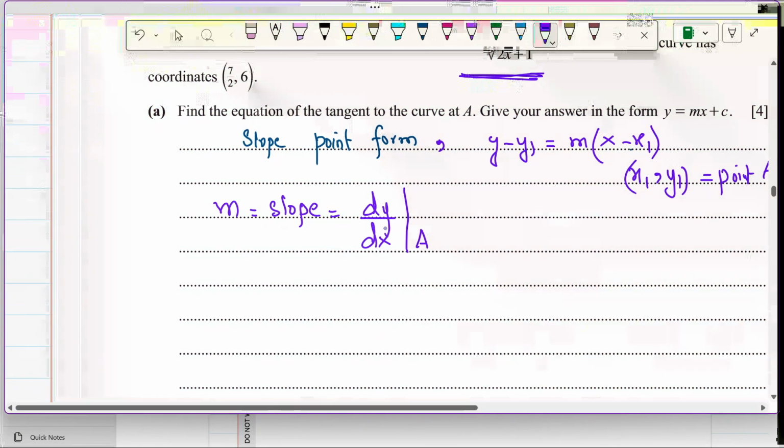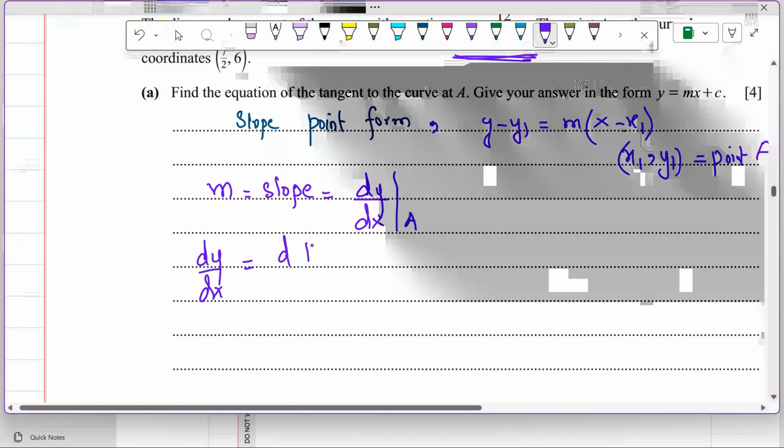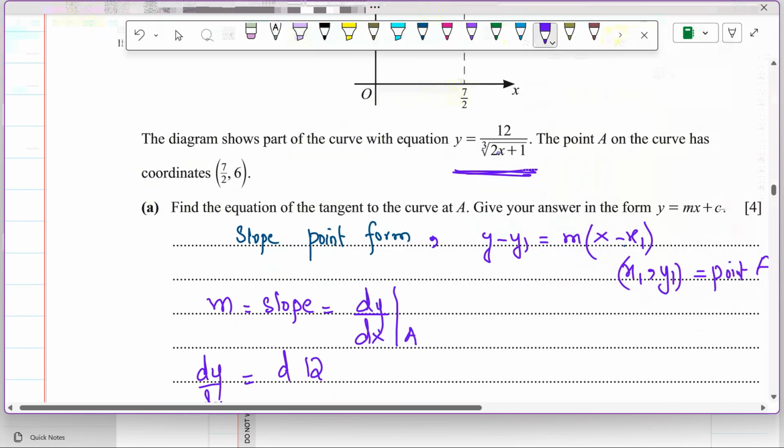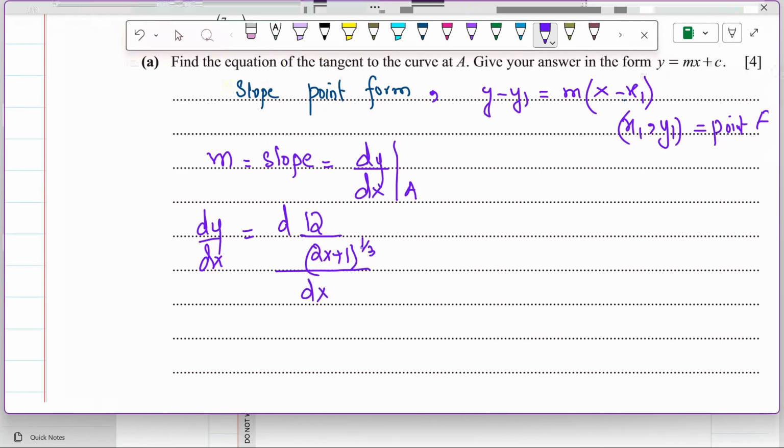So to find the slope, we need to find dy over dx. The derivative of the curve equation: 12 over the cube root of 2x plus 1 can be written as 12 times (2x plus 1) to the power of 1 over 3 in the denominator, with respect to dx.